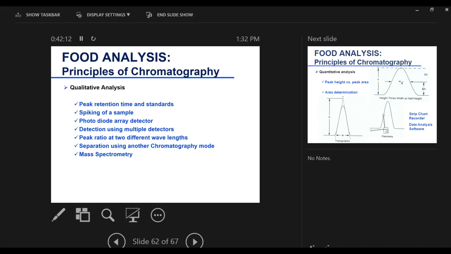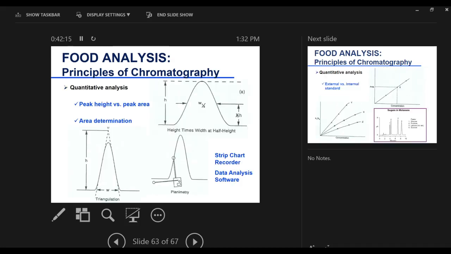So the last piece I want to talk about is quantitative analysis. In quantitative analysis, I definitely want good separation so I can get an individual peak. And there I can take either peak height or peak area. Mostly we go with peak area. Why?